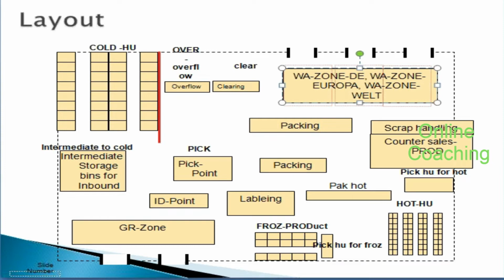So the process actually looks very simple, but if you think about it, various users will be working, using the RF guns also here. So various resources, and then the forklifts. So a lot of things will be working inside these zones. Is it clear now?